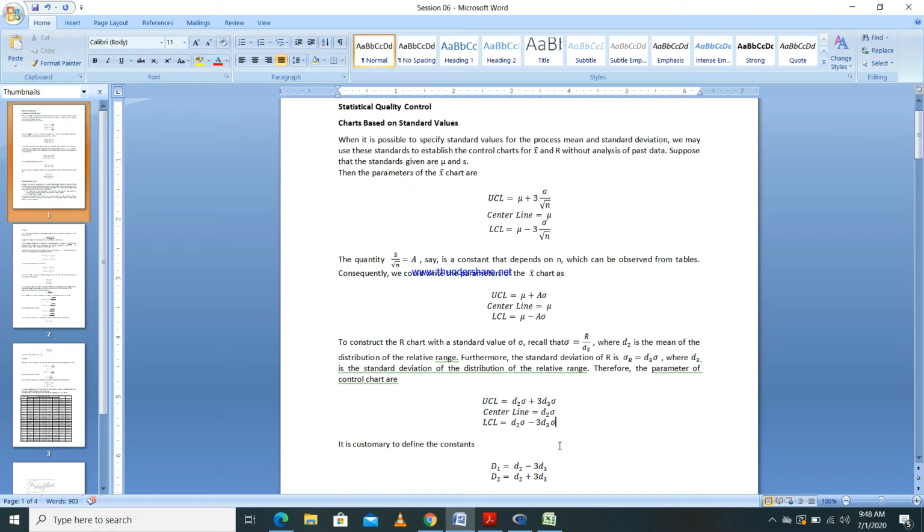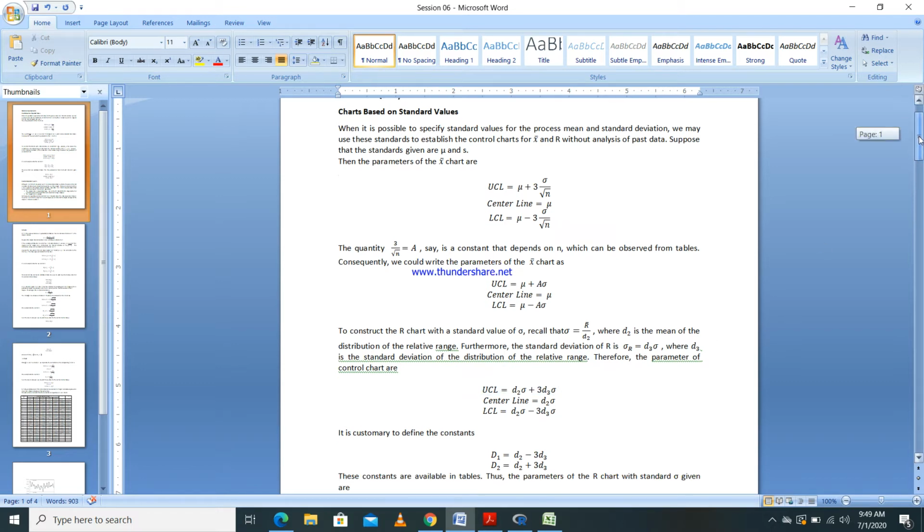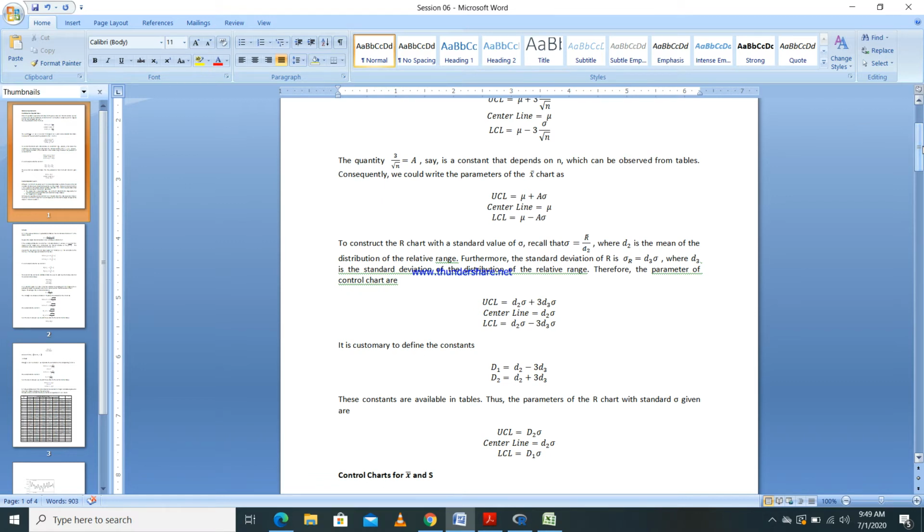Since the mean of the distribution is equal to d2 sigma, we have replaced the mean value by d2 sigma and the standard deviation by d3 sigma. If you look at the upper control limit, since sigma, the population standard deviation, is a common factor, you can take it out.